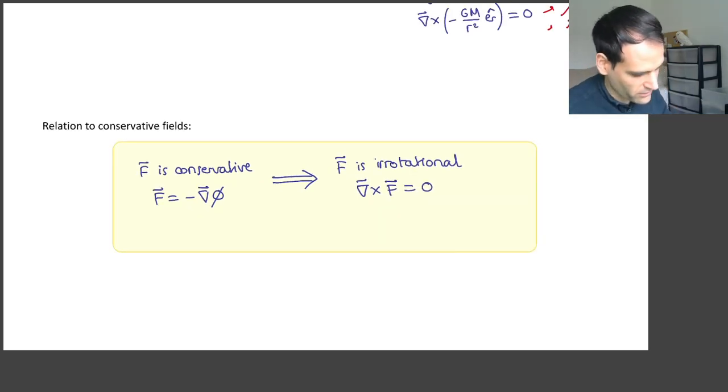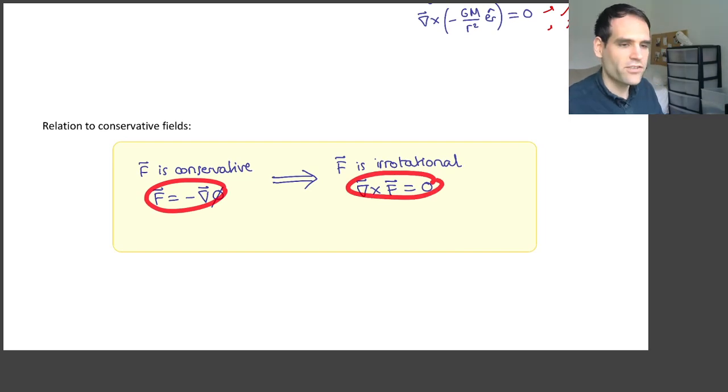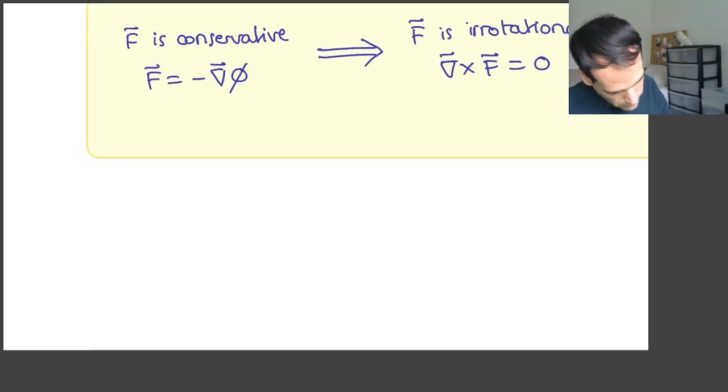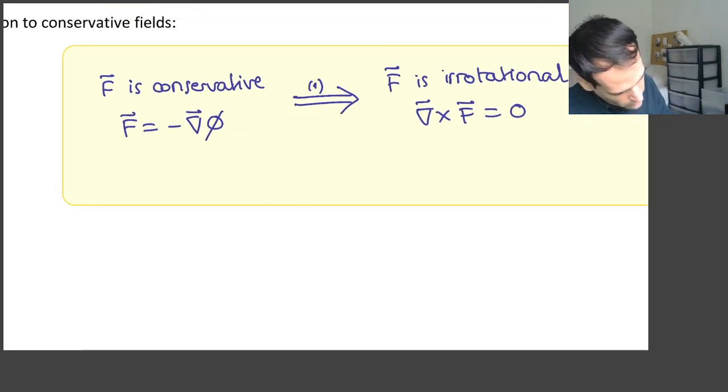Okay, so if a field is conservative, then it is irrotational. Let me prove that to you. So let's call this 1.